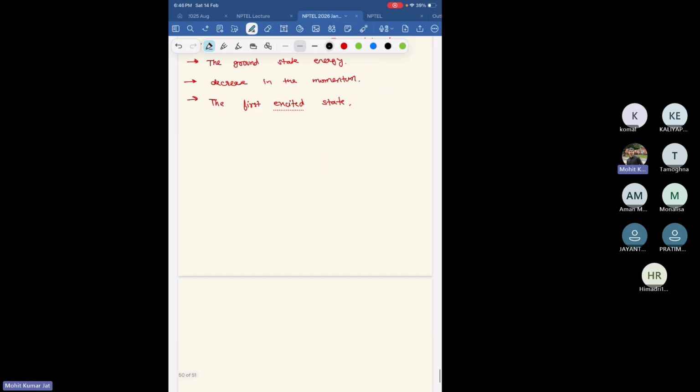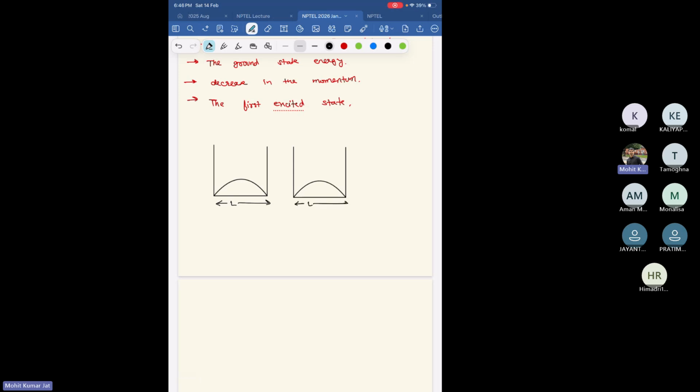Okay, so let's say initially you had a box like this, which is of length L. Now you had two boxes like this. This is another box, the same.